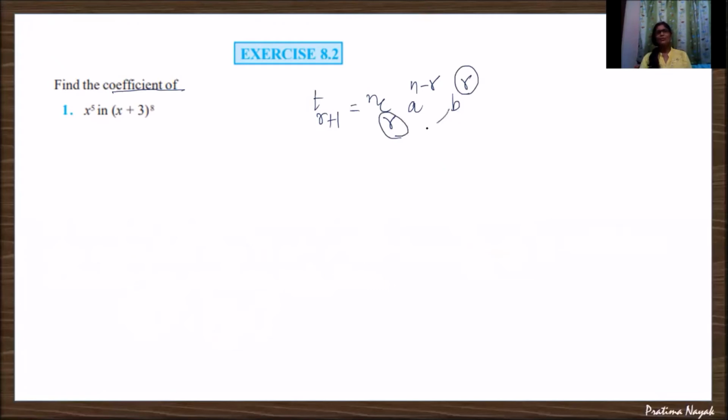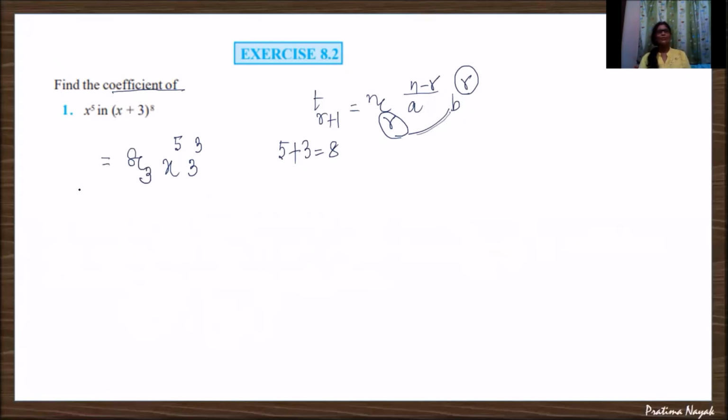So relate this and keep in mind, and this will be just n minus r. So when I get x to the power 5, certainly I need 3 to the power 3, so that the total will be 5 plus 3, that is 8. So when b has the power 3, it should be 8C3.